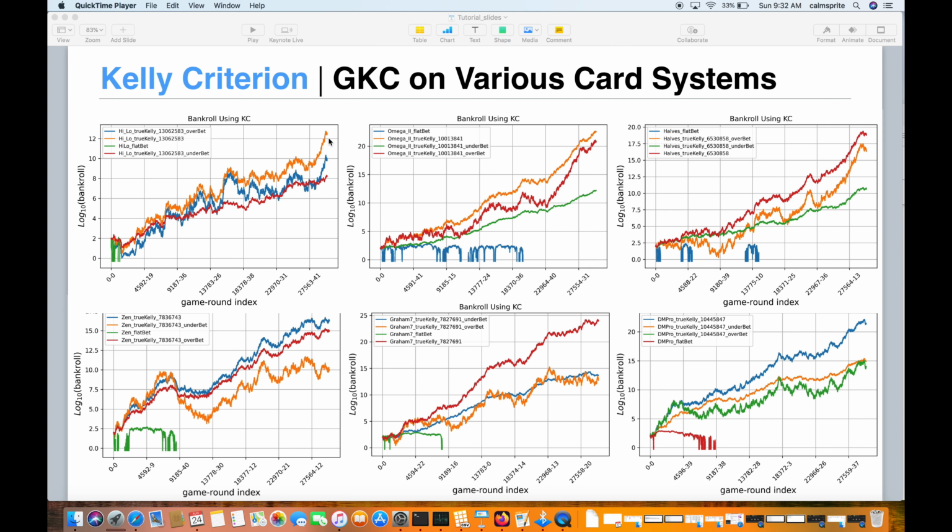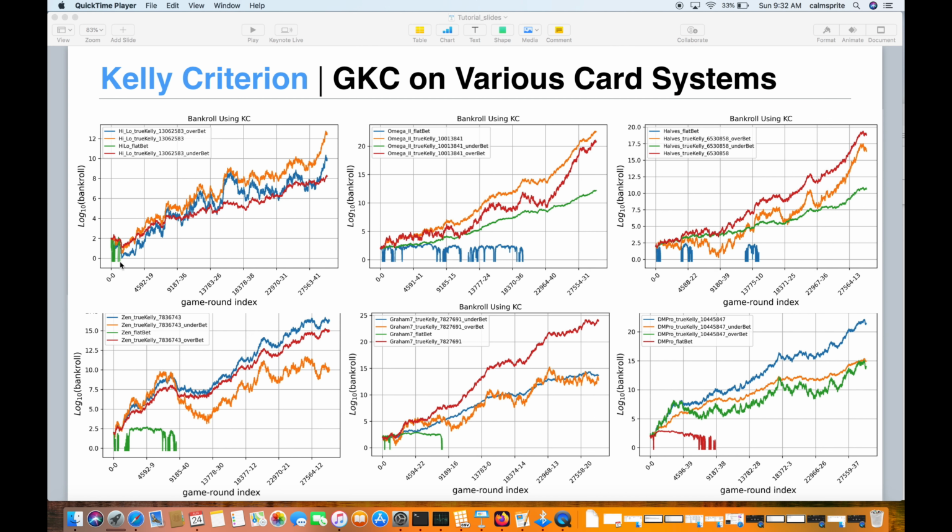The GKC curve grows linearly on the log scale, equivalent to exponential growth on a linear scale, showing consistent and stable performance, independent of bankroll size or starting point. By contrast, the flat bet method, green, exhausts the bankroll in fewer than 1,000 games.